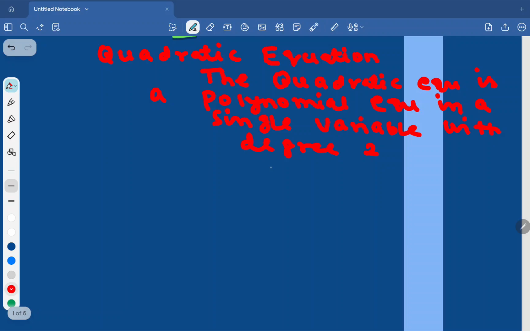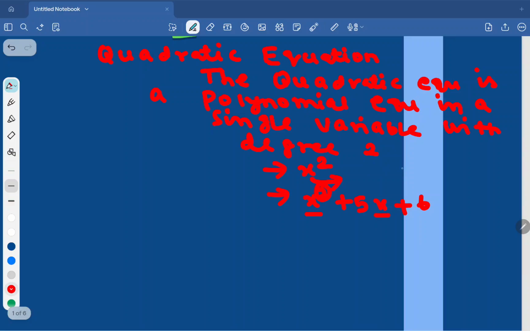Another name for quadratic equation is quadratic polynomial. If I take one example, x square, single variable x, degree of x is 2. Another example, x square plus 5x plus 6, single variable x, power of x, that is degree of x, is 2.